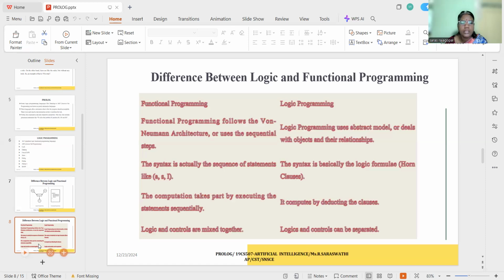In functional programming, the computation takes place by executing the statements sequentially. In logic programming, the computer computes by deducing the clauses. In functional programming, the logic and controls are mixed together. In logic programming, logic and controls can be separated.